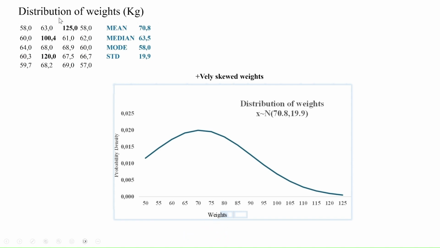For instance, here is the distribution of weights of 20 persons, where 3 persons have got extremely high weights compared to the majority of weights that lie between 57 and 69. The mean here is 70.8, which is out of the range of the majority of weights, as you can see here.